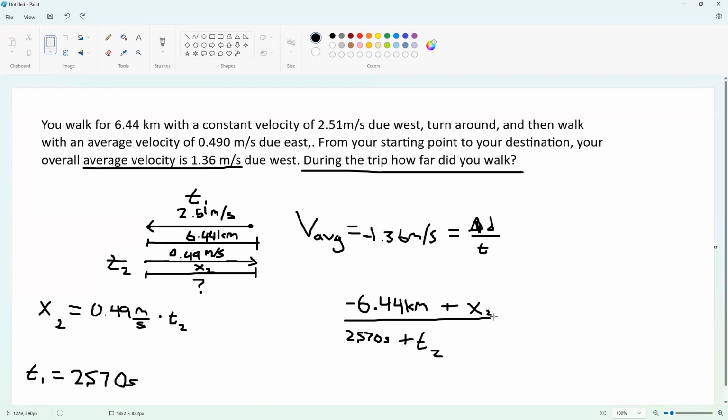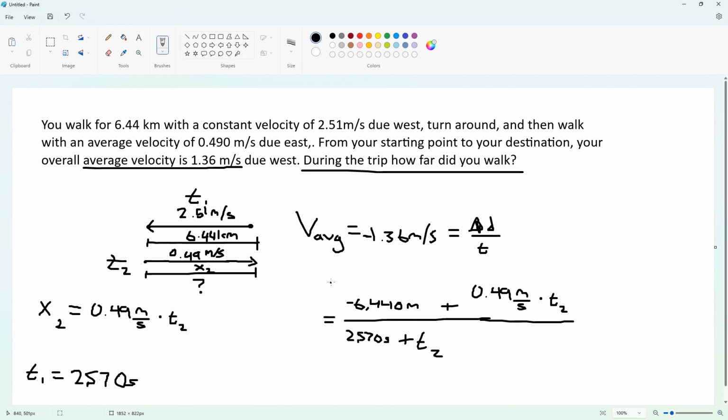By doing that, it is equal to this distance, the first distance, 6,440, plus the distance that's covered the second time over the total time. What is that equal to?